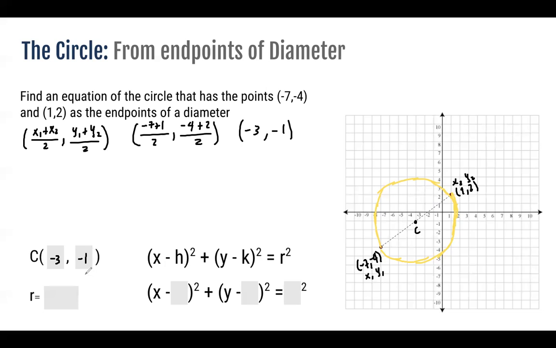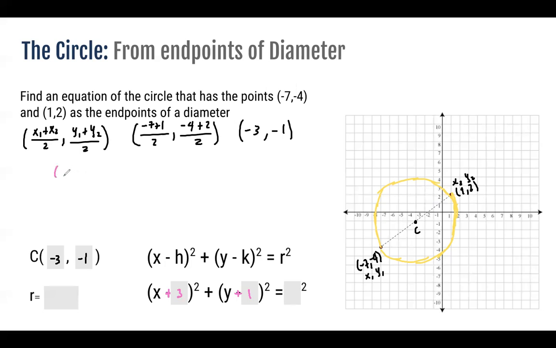In order to find the radius, I'm going to write down the equation with what I already know. I know that this is -3, so this is going to end up as x plus 3, and -1 will be y plus 1. To find the radius, I'm just going to substitute any of the other 2 points I know.